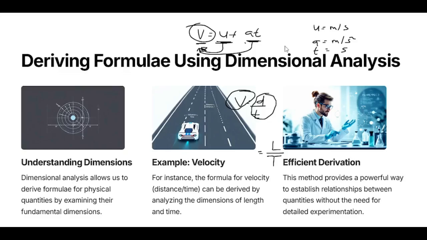So we have V equal to U in meters over second, plus A in meters over second squared, times T in seconds. The seconds will cancel out one of the seconds here, so we are left with meters over second plus meters over second, and we can see that these are equal.